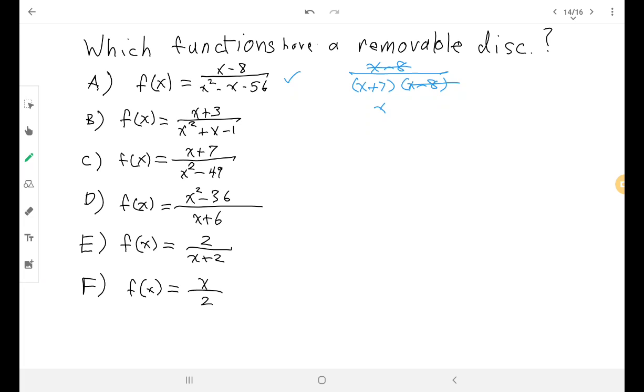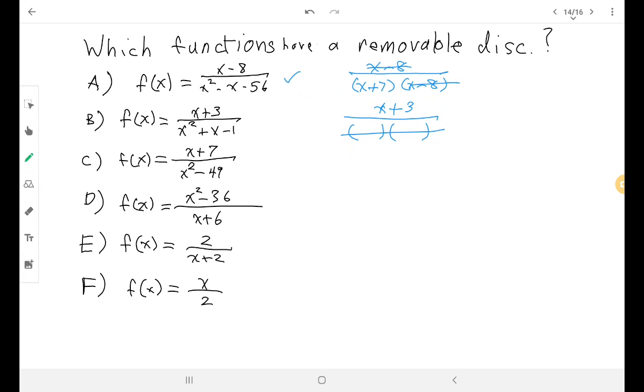And then I've got x plus 3 over x squared plus x minus 1. Can I factor that? Well, I would need two things that multiply to make 1 and subtract to make 1. I don't see that.